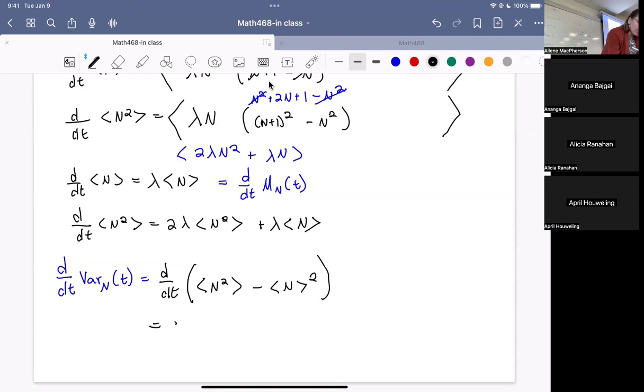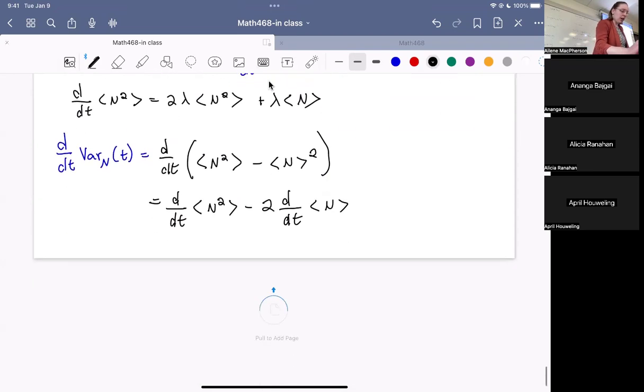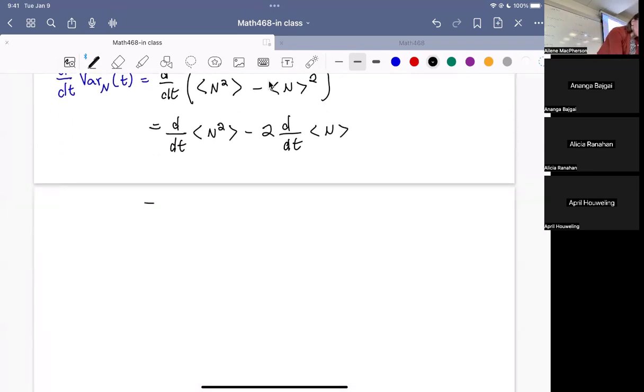Using derivative rules, I have d by dt of the expectation of n squared minus 2 times the expectation of n times d by dt of the expectation of n. You could substitute in your two equations there and finish your change of variables to get, so I'm just going to substitute the two equations in here.